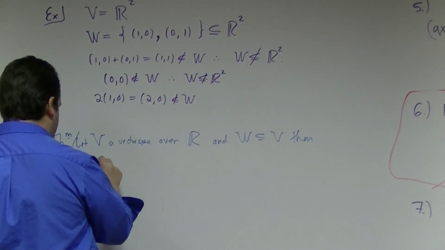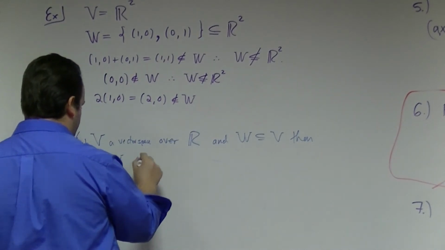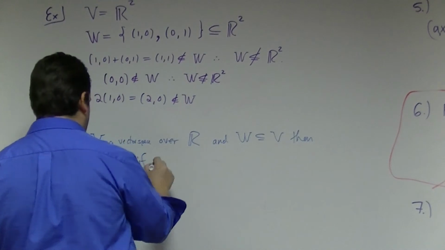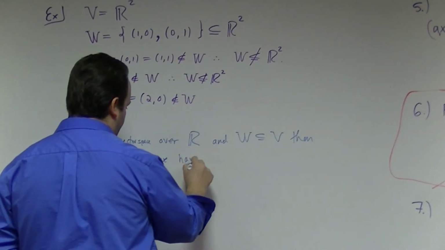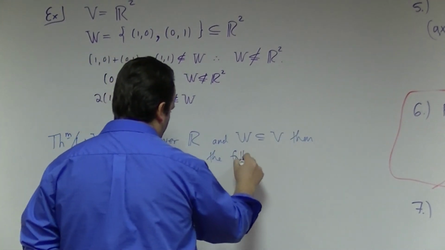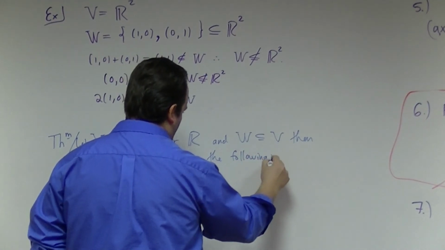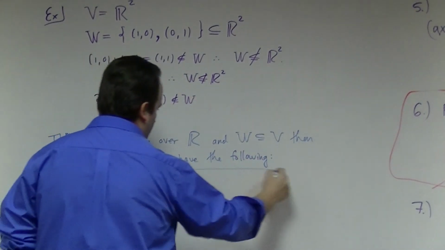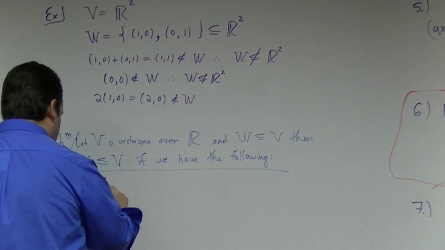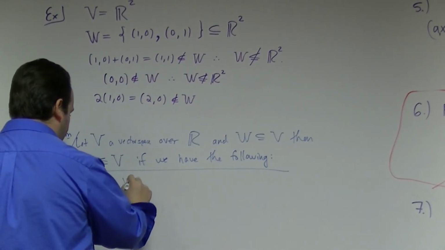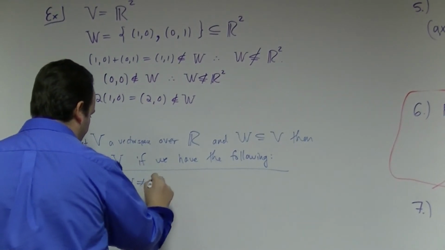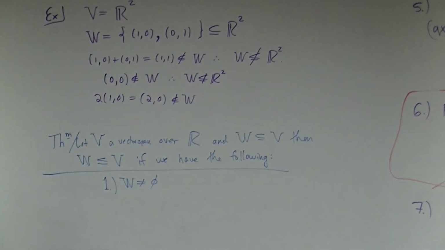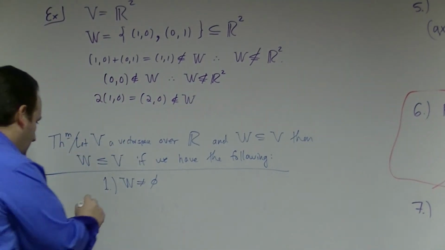Then W is a subspace of V if we have the following. One, W is non-empty. That's one thing we need.